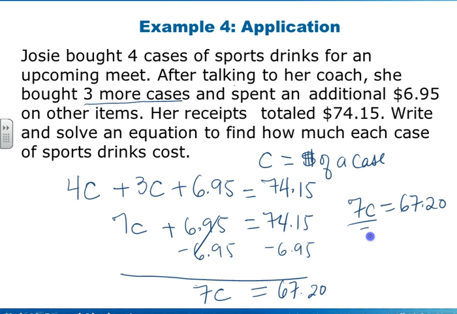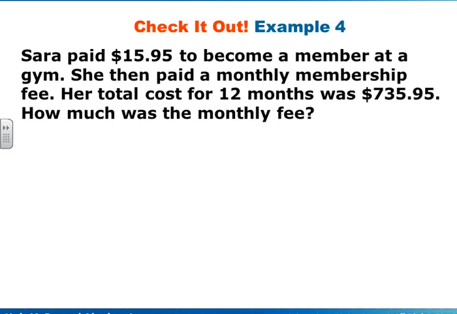So here we just go ahead and divide both sides by 7, and we get $9.60. Alright, so the price of each case was $9.60. Alright, go ahead and try this one and then come back and get the answer.